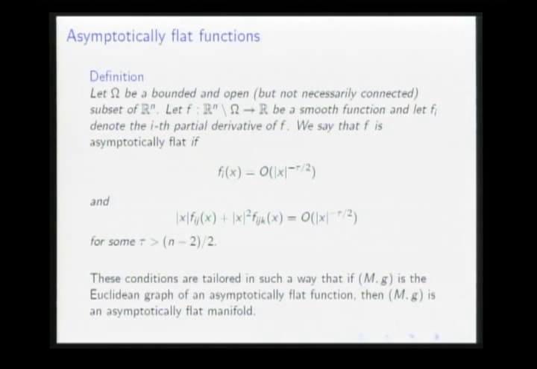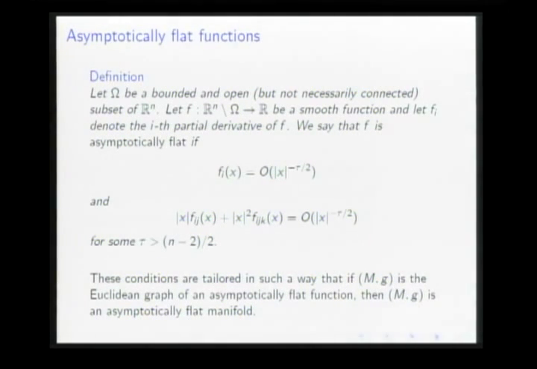So what is an asymptotically flat function? It's just a function from Rn minus some bounded open set into R, satisfying these decay conditions here.